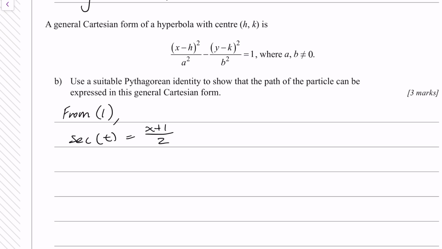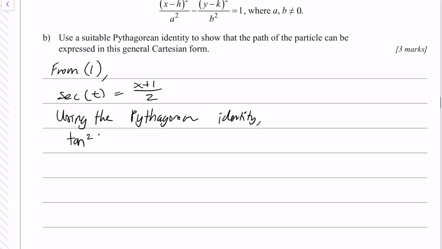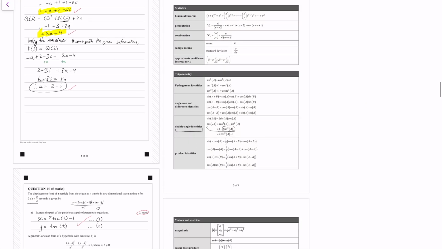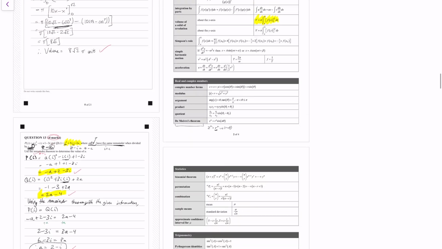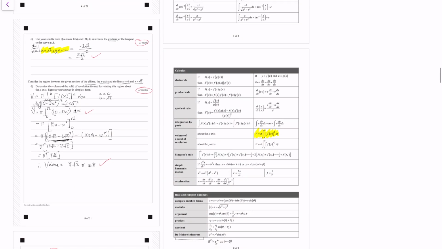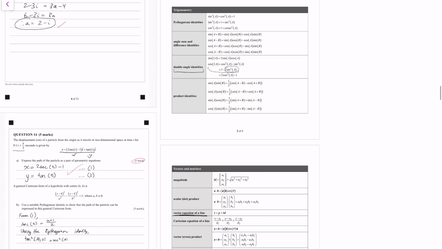Okay, and then now we have to use a Pythagorean identity. So I'll say using the Pythagorean identity, which is tan squared a plus 1 equals sec squared a. And again, I can check that it's on my formula sheet. So it'd be on trigonometry, I believe. That is it.